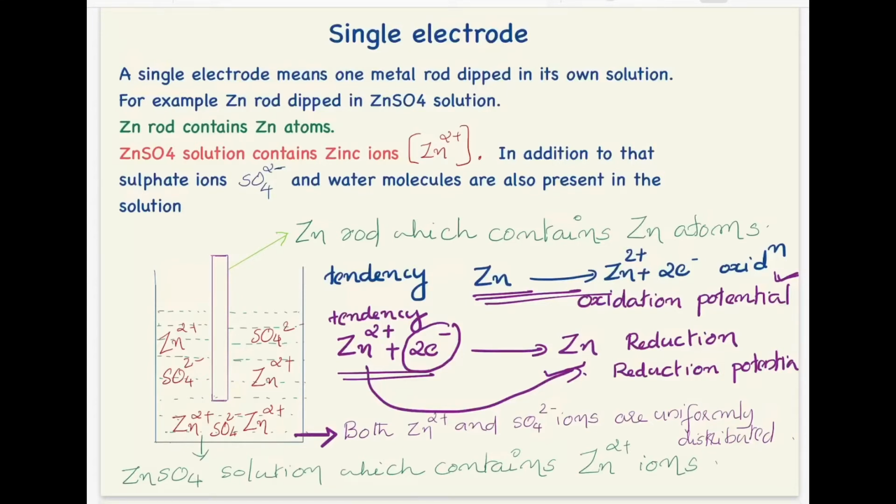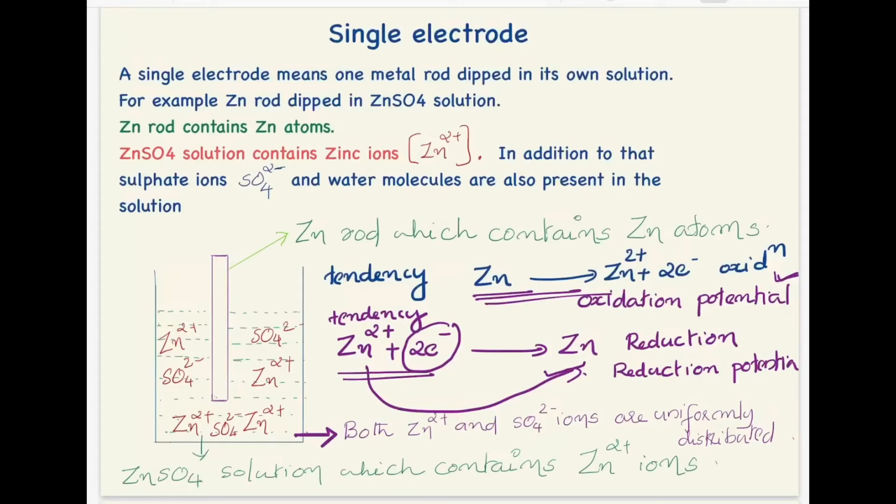It's like, imagine in another situation, I need 1,000 rupees. So I have a tendency to accept money. But if nobody is there to give me that money, even though I have a tendency to accept money, I cannot accept. Understand? So this potential is known as reduction potential.